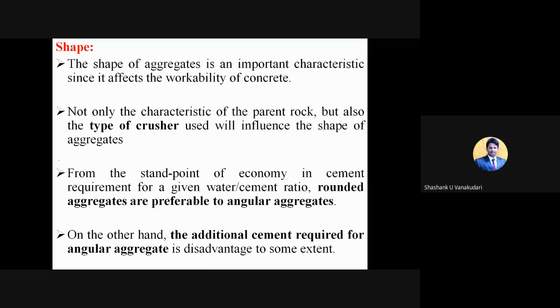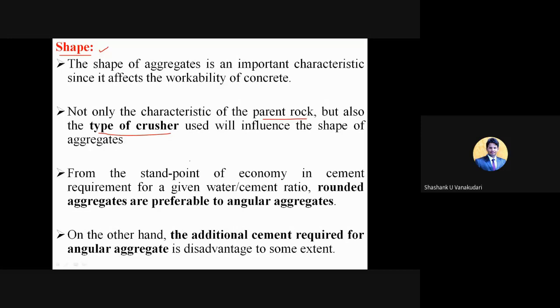And whatever shape the aggregates get depends not only on the parent rock, which can be seen during the extraction of the hard rocks, but also on the type of crusher you use to crush these aggregates. That is going to give the shape property to the aggregates.